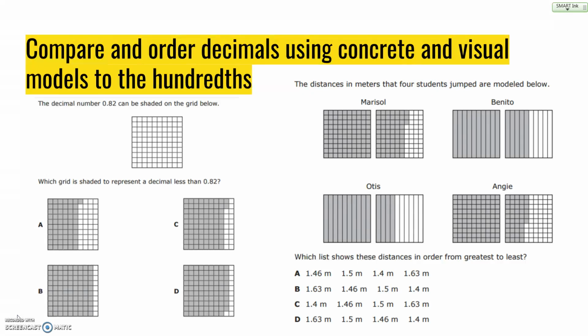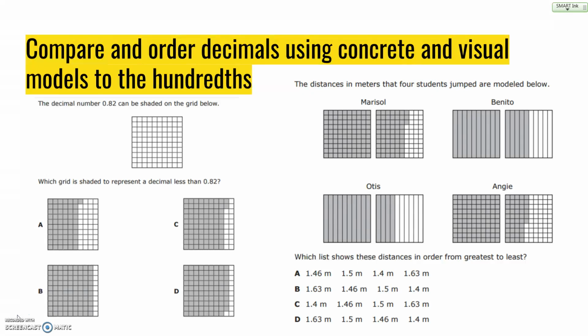The question to the right of that is, the distance in meters that 4 students jumped are modeled below. So we see that Marisol jumped 1.63 of a meter. Benito jumped 1 5/10 of a meter.